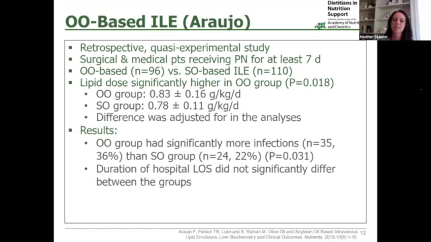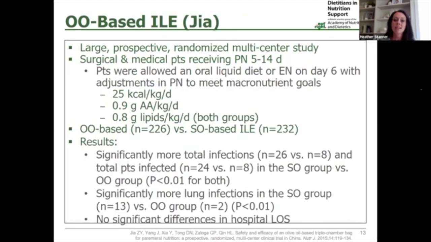They experienced 35 infections versus those in the soy oil group at 24 infections, and this was statistically significant. They did not find any difference in duration of hospital length of stay between the groups. And again, the limitation with this study mostly is that it was a retrospective chart review rather than a prospective randomized trial.